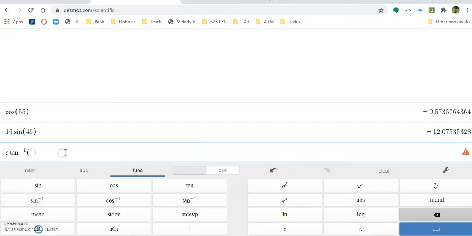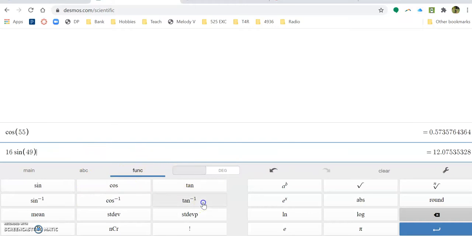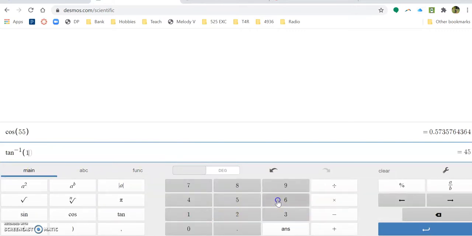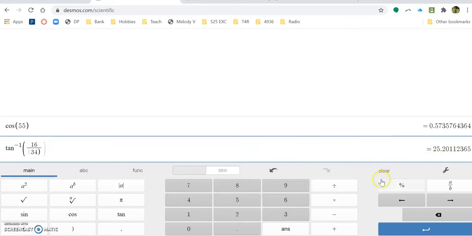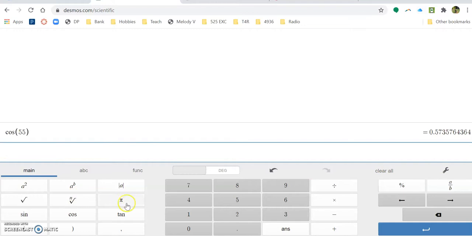Let me start this over. Numbers, 16 divided by 34. And we get 25 point, oh, that's weird. What did I do wrong there?